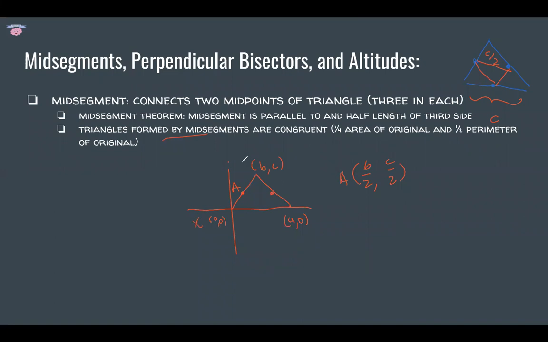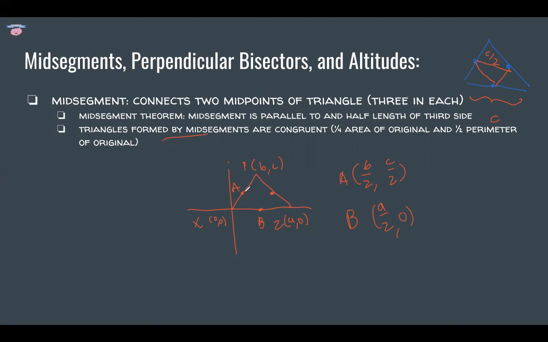I'll call this point X, point Y, and point Z. Since we only have to find one mid-segment, actually, it'd be easier to do this. We only have to find one mid-segment because once we find one, we can just tilt the triangle and find the other one, and then tilt it again to find the third one and prove it.